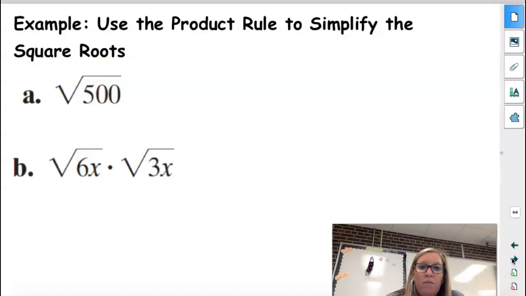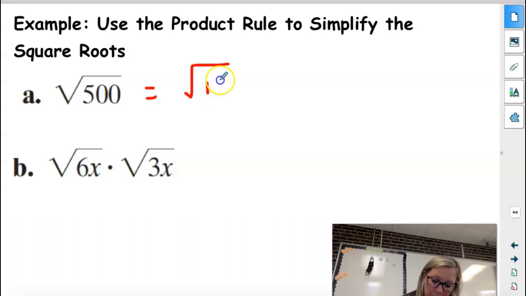Example A, the square root of 500. You could find a perfect square within 500, which is 100. And then what's left is a multiplier of 5.